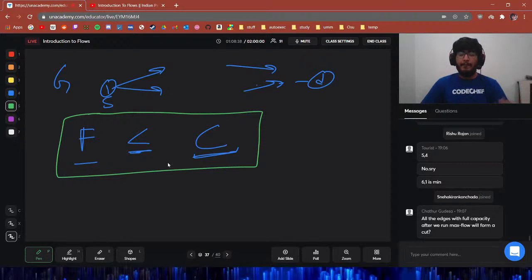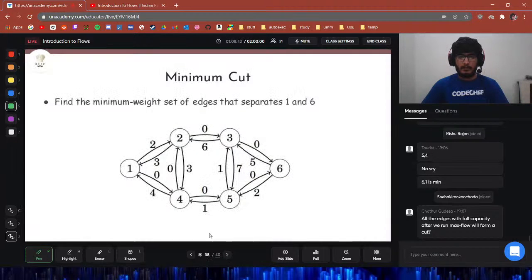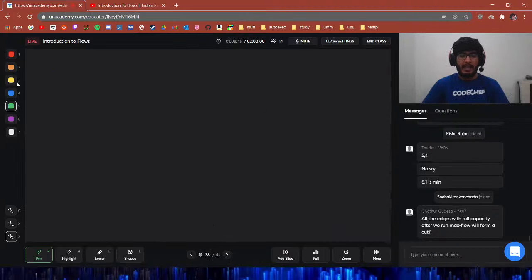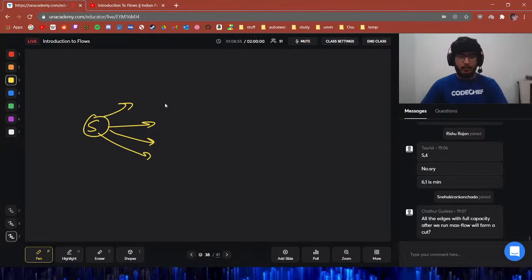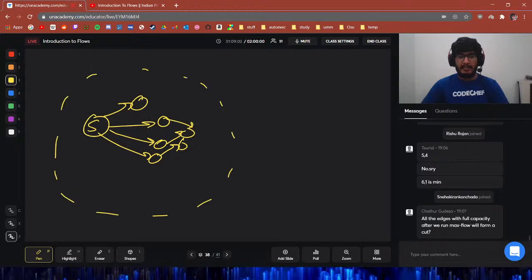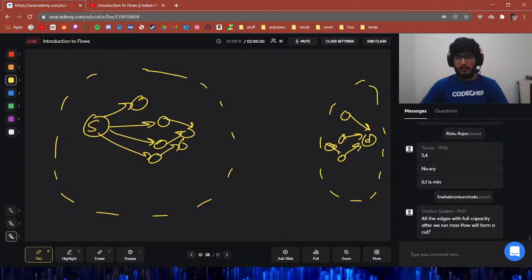Alright, why does this happen? Let us see why. So any flow that we have, any cut that we have, basically the source node would be here. Let us say it goes on to these nodes and these nodes, and I group this set here and I group another set here with the destination in it.